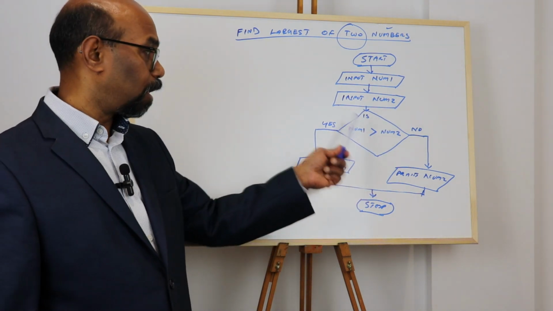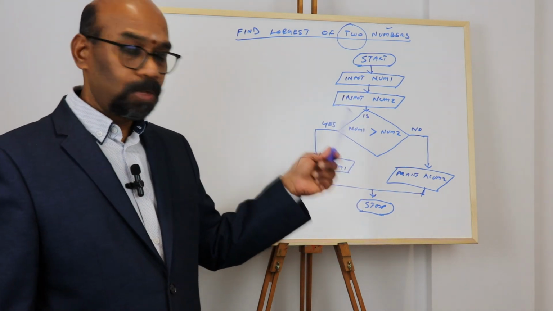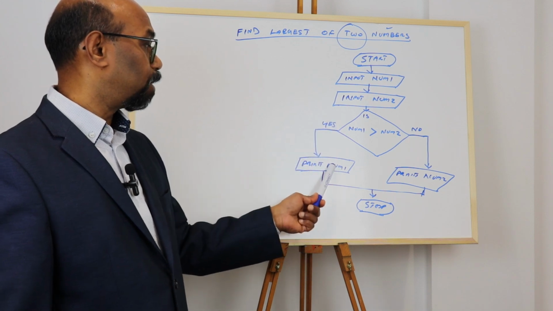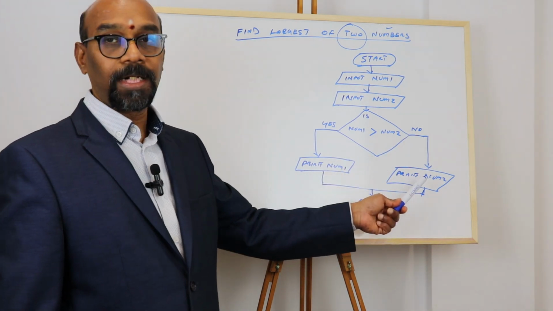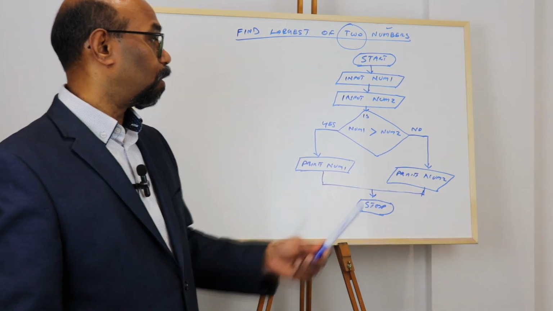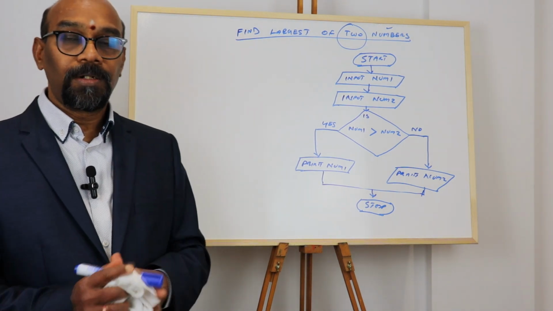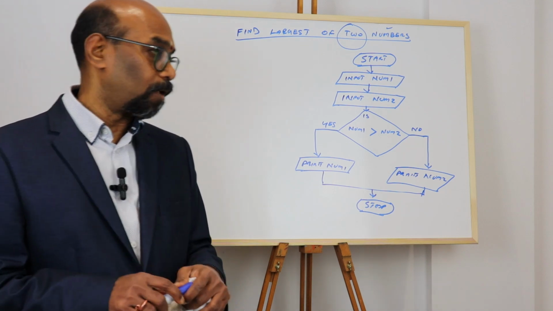Each conditional statement will have two outputs. If it is yes, number one is the largest one. If it is no, then number two is the greatest one. Then stop. As usual, it is your responsibility to test your logic, your flowchart, to see whether it works or not.